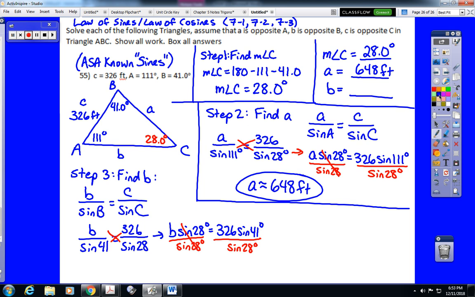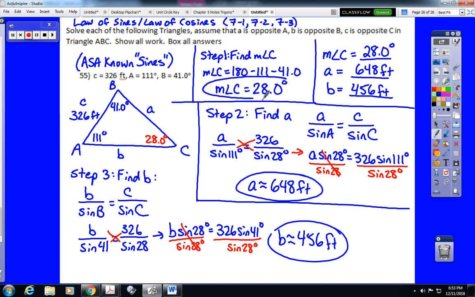Which we will then feed to the calculator. So 326 times the sine of 41 degrees divided by the sine of 28 degrees. And we're going to round that to 3 significant figures. It's 455.5, so that would round up to 456 feet.